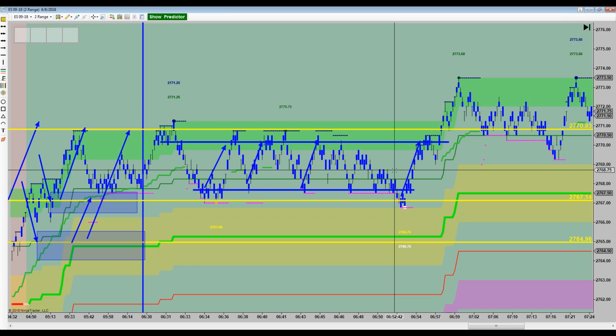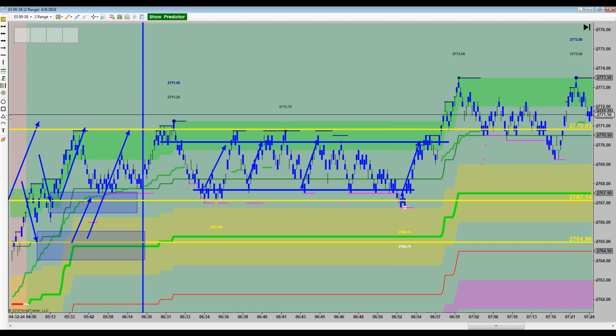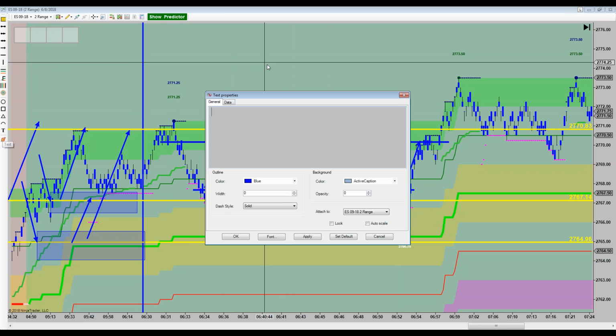Yeah, no, that's 4. So how much are those scalp trades worth in terms of dollars? Well, you had 4 long trades. Each one was 10 ticks. So you made a total of 40 ticks.